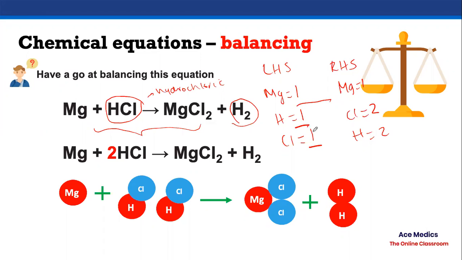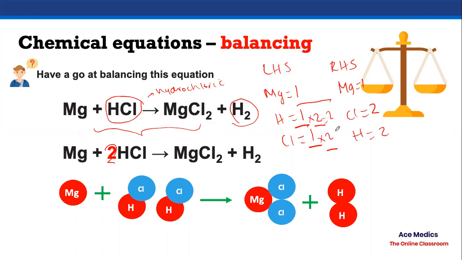So how can we make hydrogen and chlorine balanced? Well, if you put a 2 at the front of hydrochloric acid on the left-hand side, we're going to times everything, so you have 2 hydrogen and 2 chlorine.